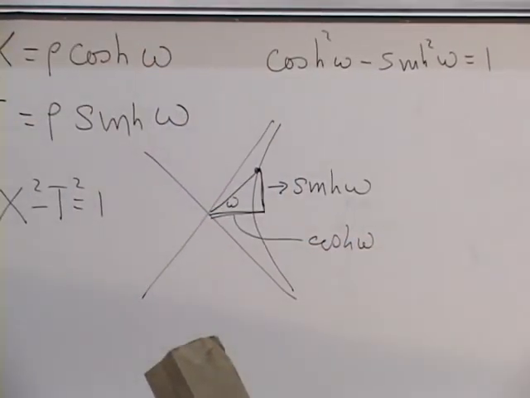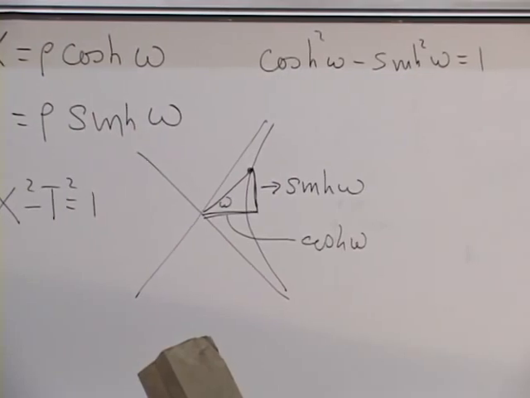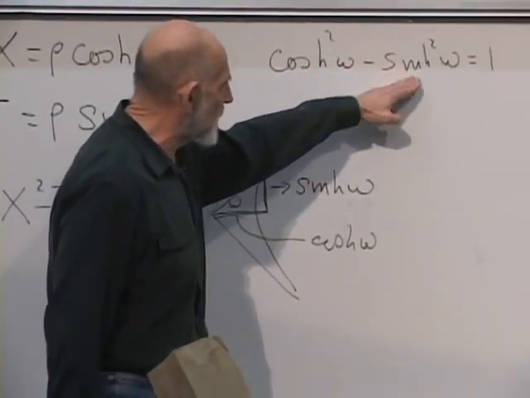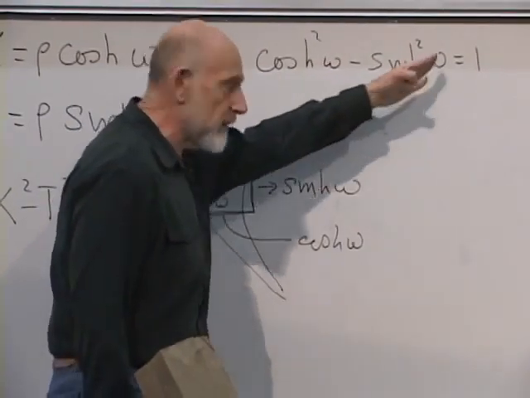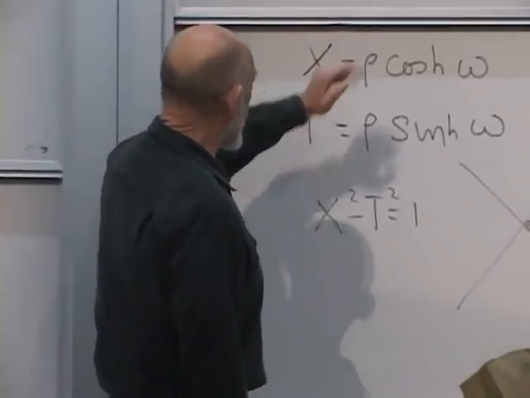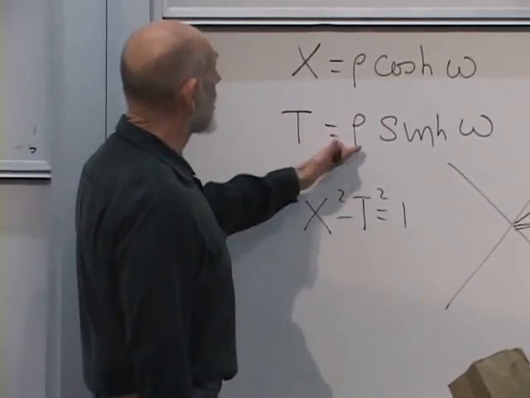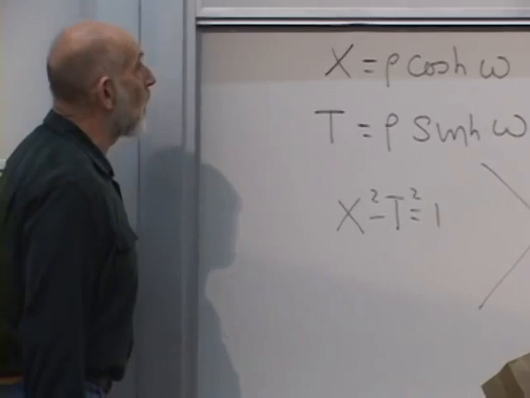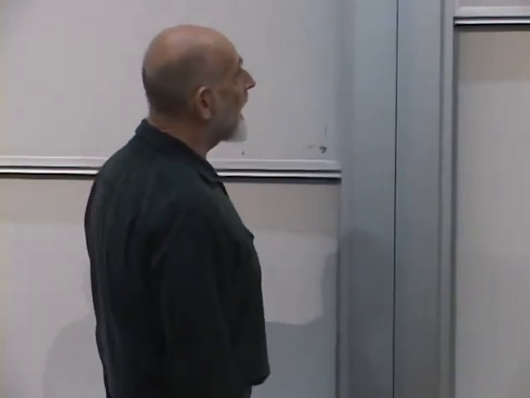So everything is exactly the same except for a sign change, and that sign change manifests itself in a sign change in the relation between cosines and sines. Okay, now we have x equals rho cosh omega, t equals rho sinh omega, almost the same as the equation for x and y up there. Let's guess what the metric looks like.